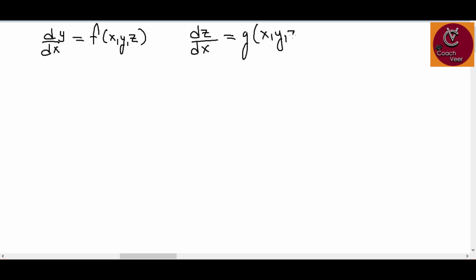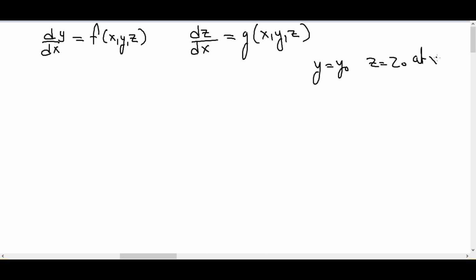Suppose I have differential equations, let's say dy by dx equals some function f of x, y, and z. Another differential equation for the same simultaneous system with respect to z, we are getting a function, let's say g of x, y, and z. As you can see, the initial conditions we require are y equals y naught and z equals z naught at x equals x naught. This is our initial condition.